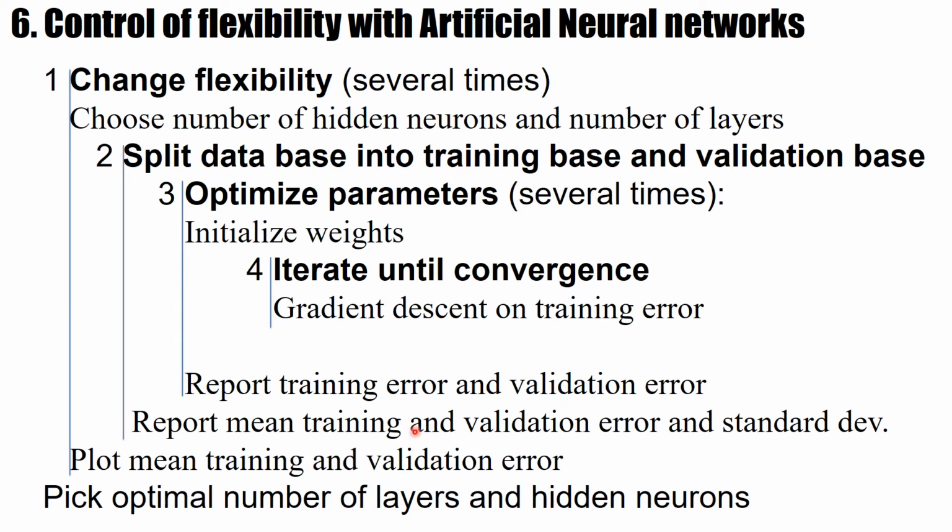Then we report the mean training and validation error and the standard deviation to know how safe we are. And finally, plot the two against each other, and we pick the optimal number of layers and the optimal number of hidden neurons by looking at the configuration which gives the smallest validation error.